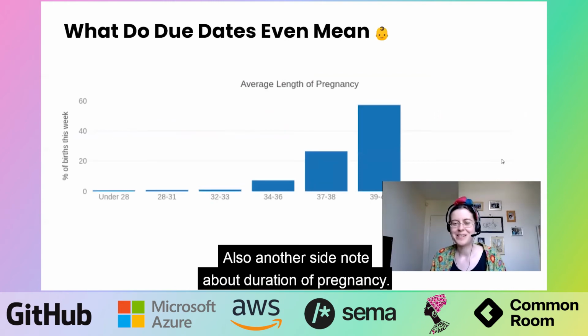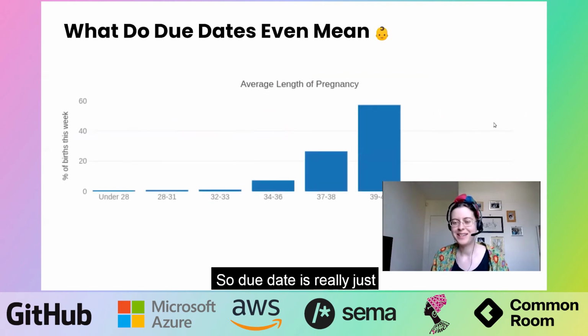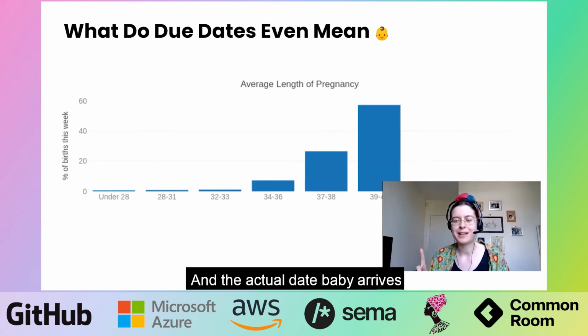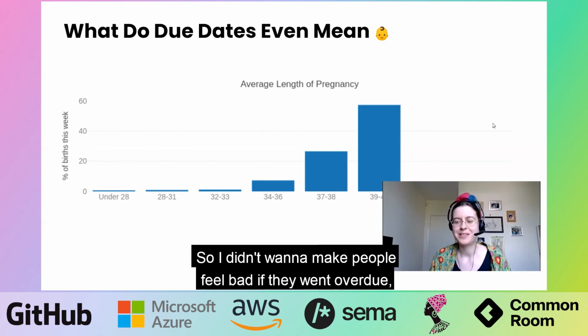Also, another side note about duration of pregnancy. So due date is really just a finger in the air estimation of when the baby will arrive, and the actual date baby arrives is this huge probability distribution kind of centered around the due date, almost 2 weeks either side of it. So I didn't want to make people feel bad if they went overdue.